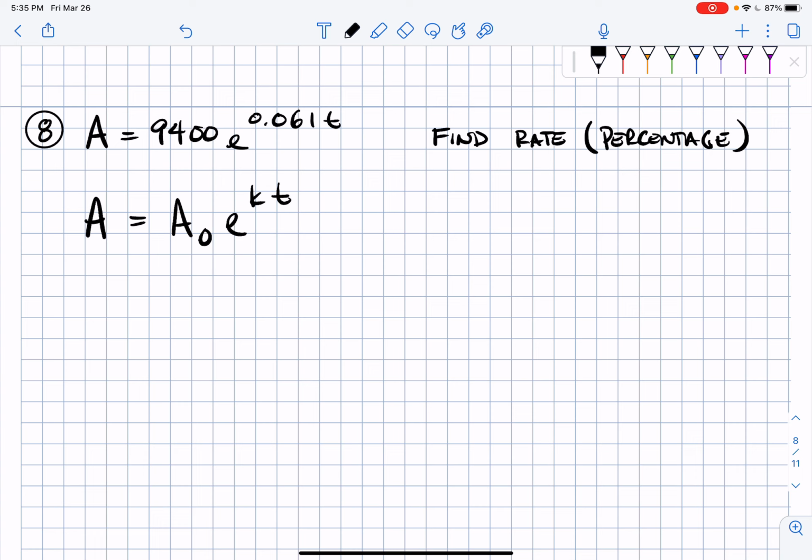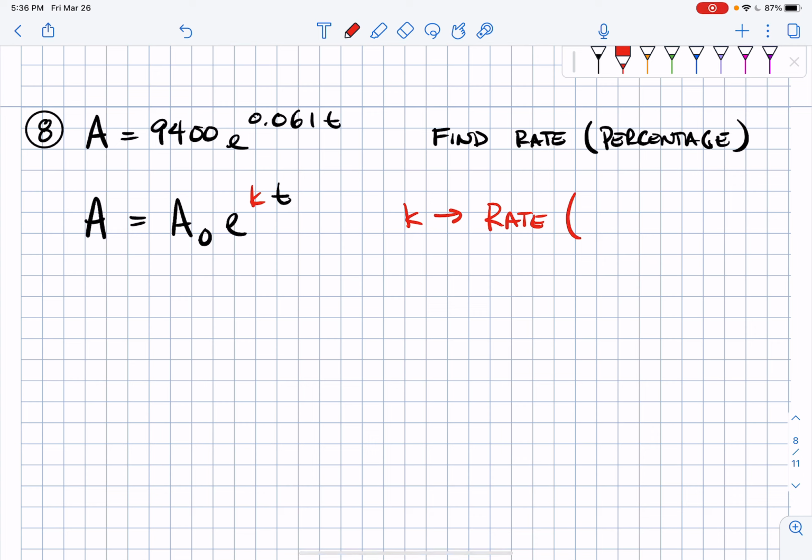But what does k stand for? Let me highlight k here. k stands for the rate, which is what I was looking for, right? That's exactly what I'm looking for.